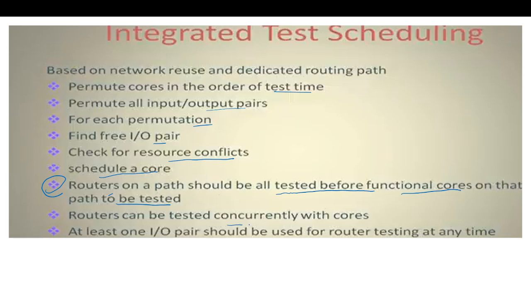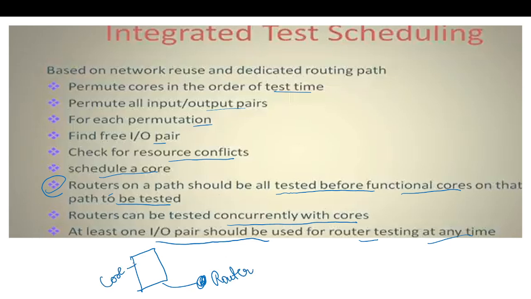Routers can be tested concurrently with the cores. At least one IO pair should be used for router testing at any time. So whenever we are testing, the core is attached to a router, and this is the router. So first we need to test the router, then the core. And also we can perform the testing concurrently.